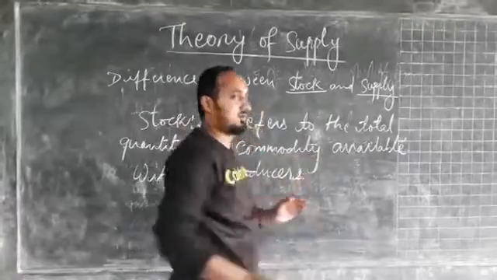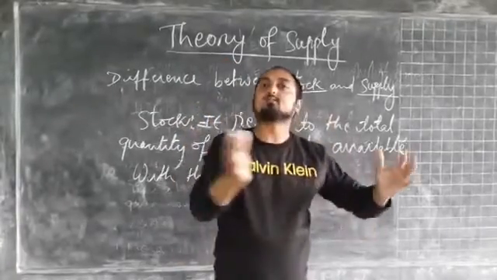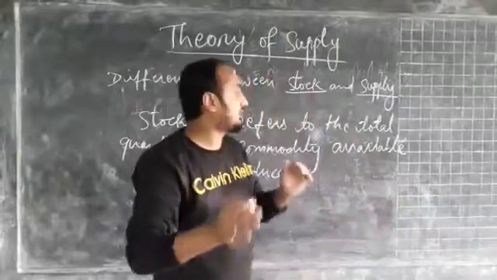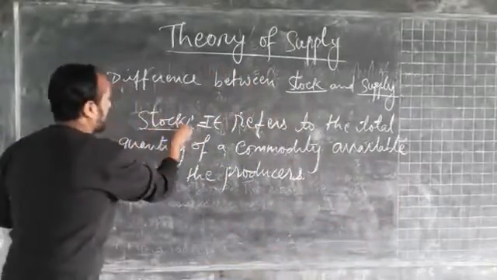Whatever the amount of a commodity that is available with the producers, then that concept is called stock.